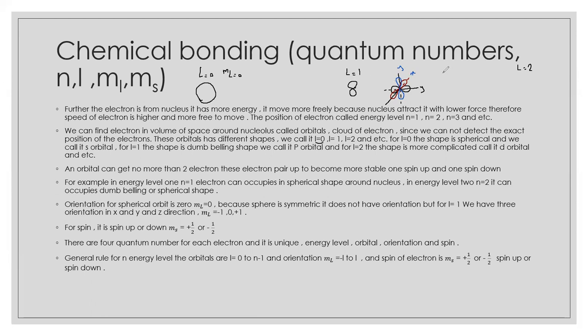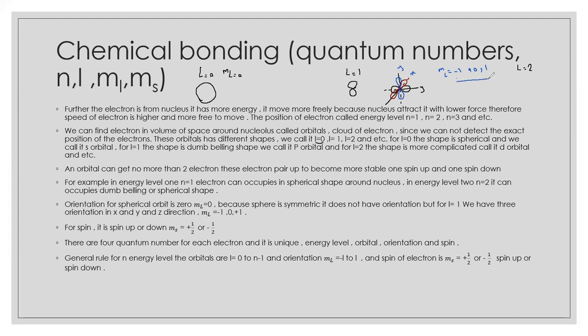So we have ml to be -1, 0, and 1. As you see, these are along the x, y and z axes. So each is an orientation. ml means orientation, l means shape, and n means energy level, or how far that orbit is from the nucleus.